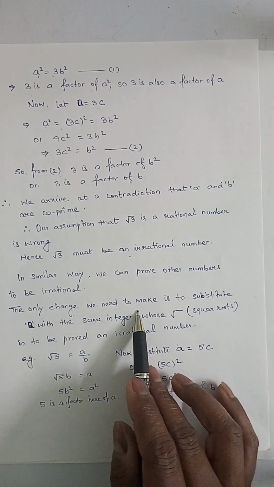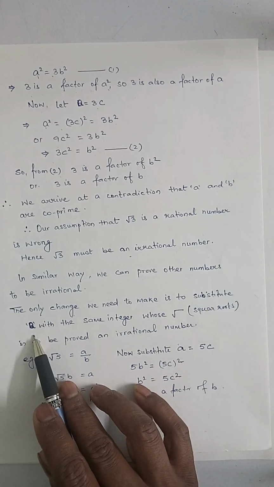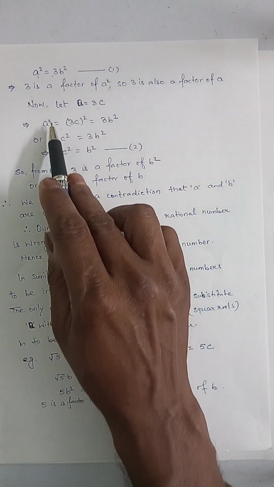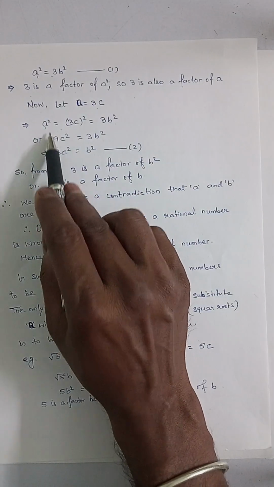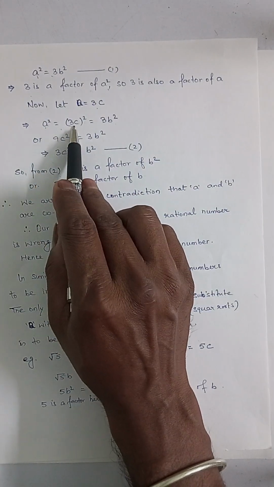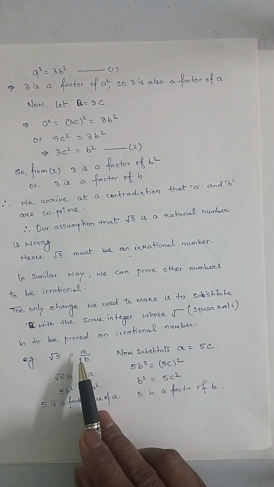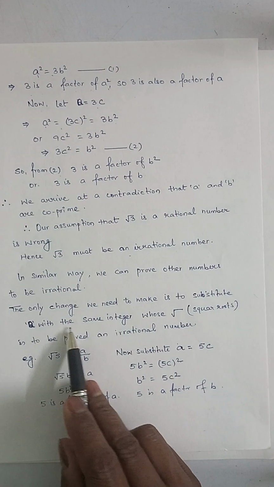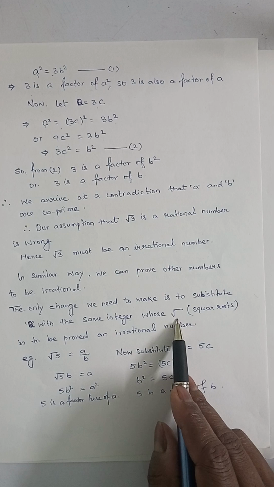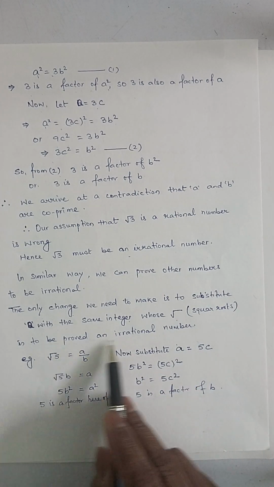The only change we need to make is to substitute a. You can see here I have already substituted a equals 3c. So here also we have to substitute a with the same integer whose square root is to be proved an irrational number.